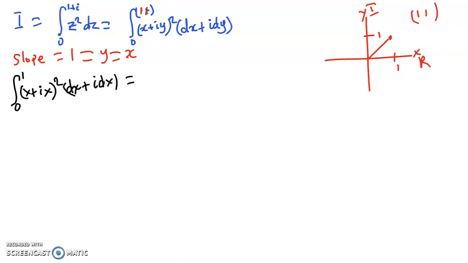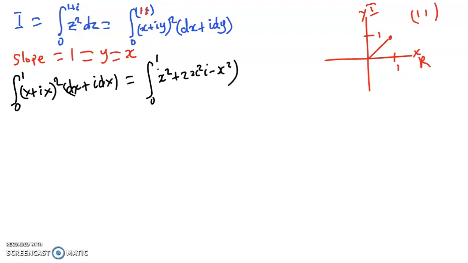So what we are going to have is the integral from 0 to 1. We try to open this up. What we will have is nothing but x squared plus 2x squared i minus x squared.